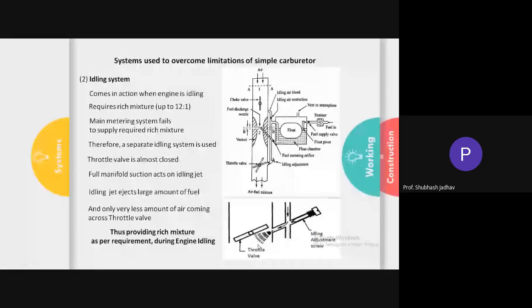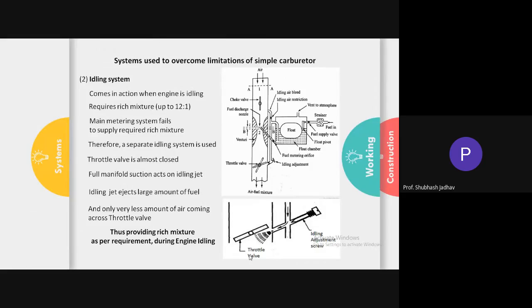The very small amount of air coming from here mixes together, and a rich mixture is prepared and supplied to the engine cylinder. That is how a rich mixture is continuously supplied.